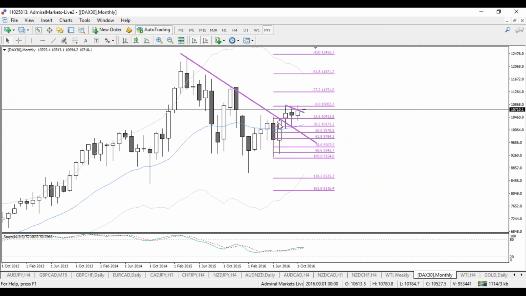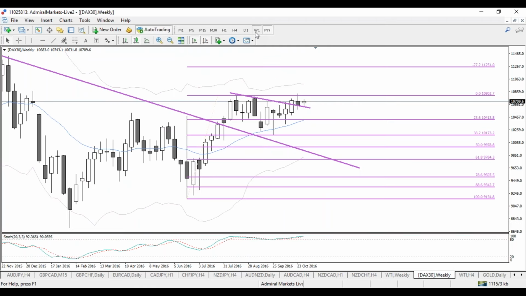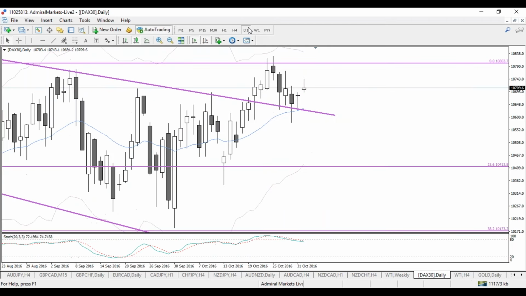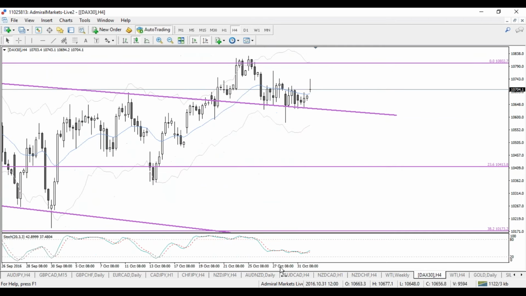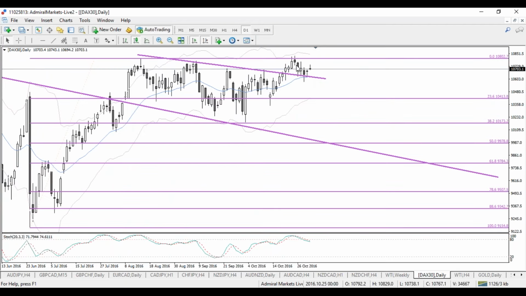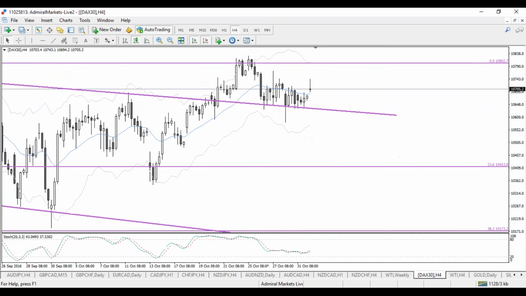We got a couple of monthly candles now above it. I think the next two days are going to be interesting. 1, 2, 3. This is the fifth day already. So if today or tomorrow does not break, then this does look like a bigger correction, potentially.